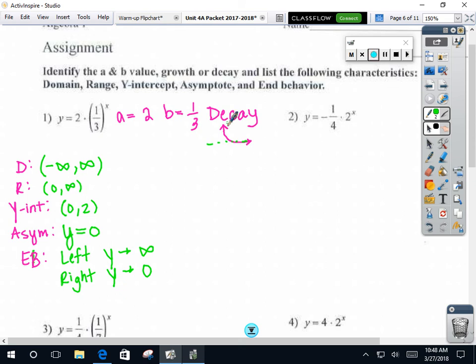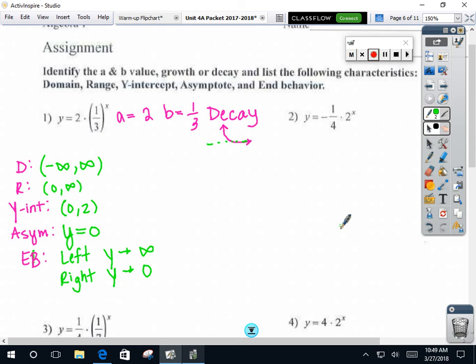You can see that the left side goes up forever, the right side is what flattens out at the asymptote, and you already told me it was 0. Because it always starts at y equals 0, and if you haven't added anything to the end, like if there's a plus 2 at the end in the k place, that'll move the asymptote up 2.